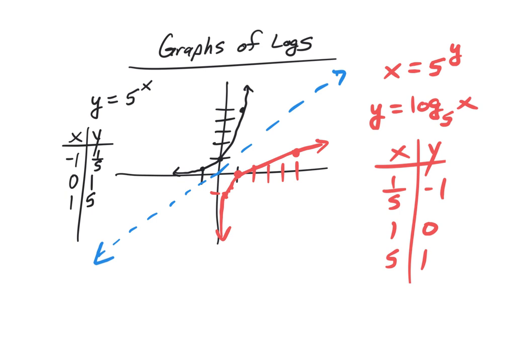What kind of asymptote does this graph have? What's it approaching? The y-axis. Okay, so it's going to have a vertical asymptote. So if I have a log equation, it's going to have a vertical asymptote versus an exponential function that'll have a horizontal asymptote, because we did the inverse of it. And we won't do a ton of graphs of logs, but that is one thing that we might see.